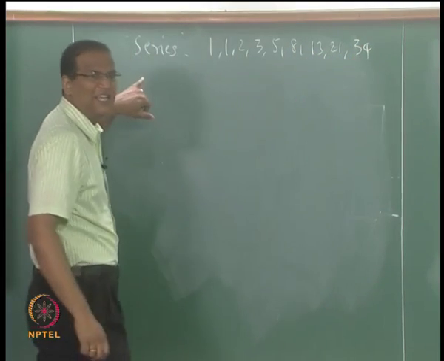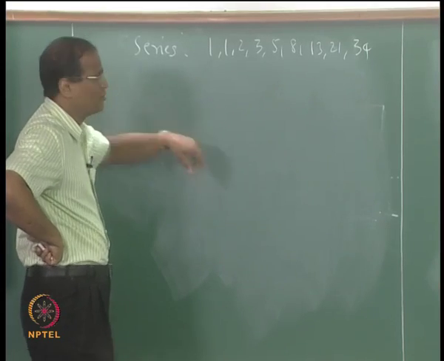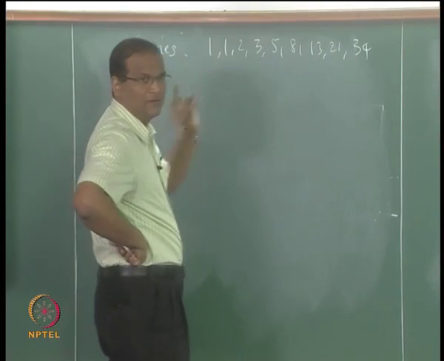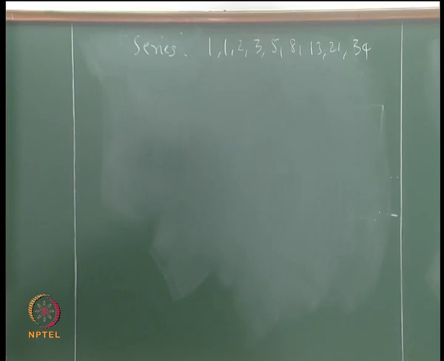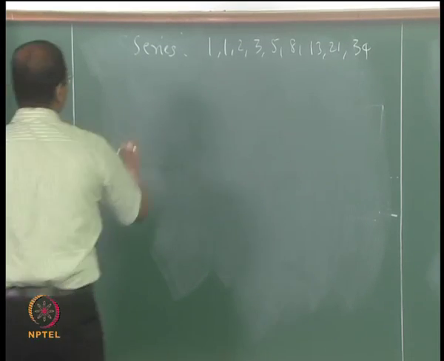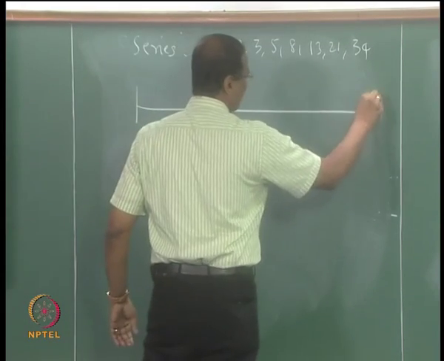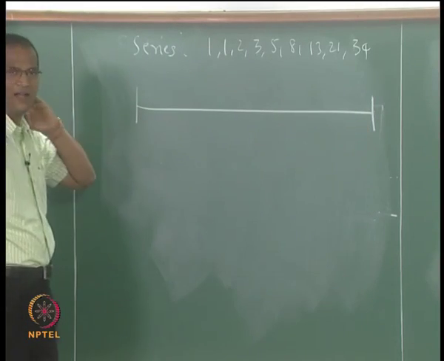So first step, please write the series so that you do not forget it. You have to go backwards. Please first write the series and then draw the original interval of uncertainty, and it is not the x, it is r.